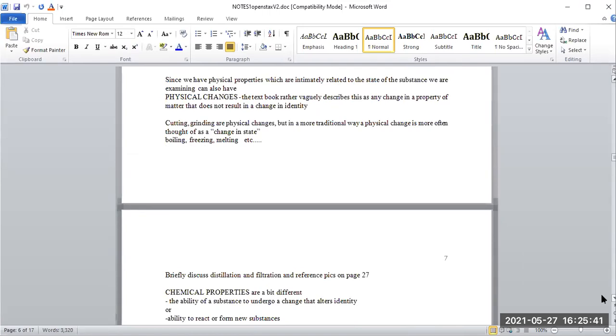And one of the things that the textbook has to say is kind of vague. It talks about not changing the identity, which sounds really strange because, well, if you have a sheet of paper and you tear it in half, now it's 2 sheets of paper. It makes it sound a little bit more complicated than it is.